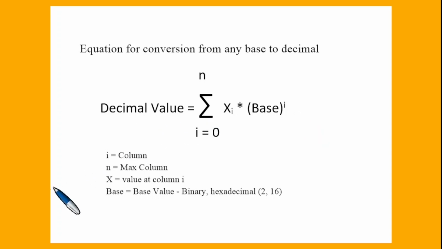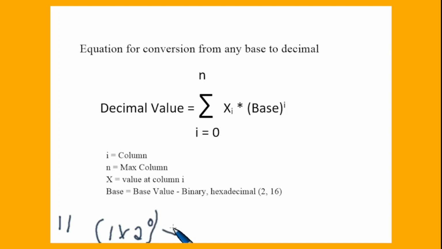If I had an example of 1, 1, then the way that this would be applied is that we start with column 0, which is going to be 1, which is the value, times the base is 2, and the column is 0.